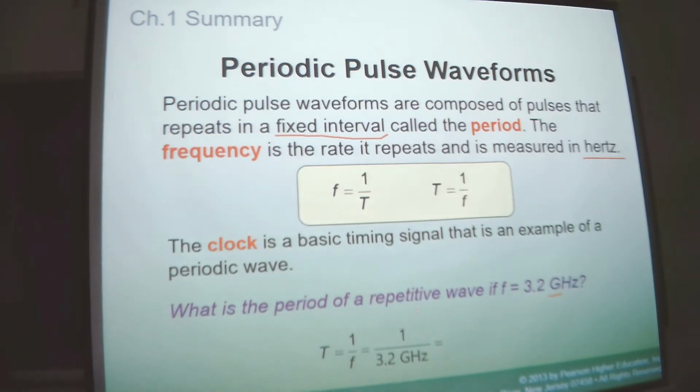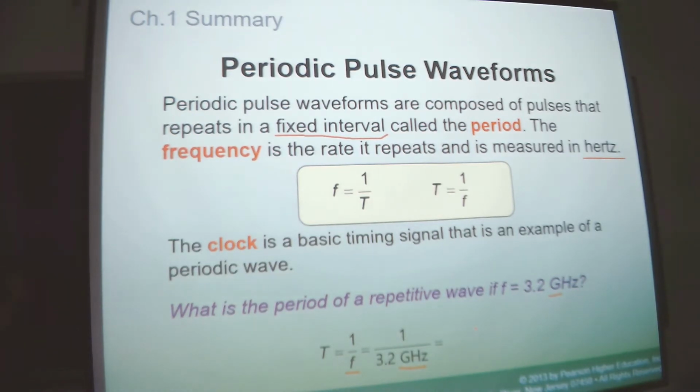We know the period equals 1 by f, and f equals 3.2 gigahertz. Giga is 10 to the power 9, so 1 gigahertz is 10 to the power 9 hertz.